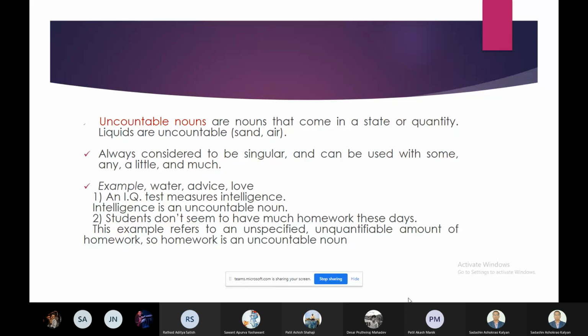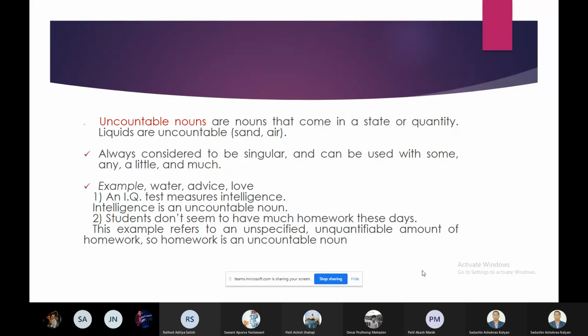Then we also have the second example: students don't seem to have much homework these days. In this example it refers to an unspecified, unquantifiable amount of homework. So homework is also considered an uncountable noun, which we cannot count.